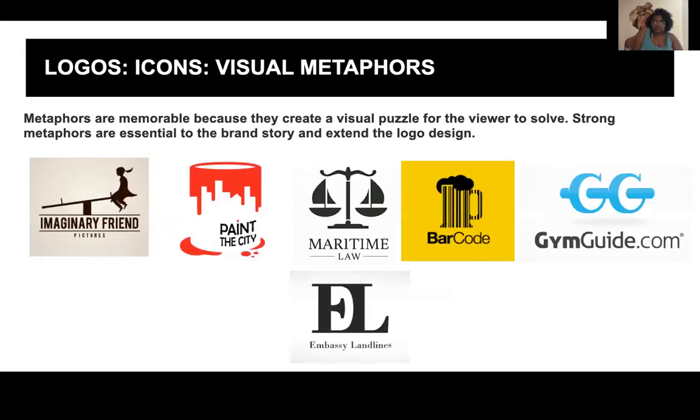All right, here's some logos that use different techniques that I think you can draw upon as you think of your ideas. So the first one, Imaginary Friend. What's happening in that logo? She is by herself, seesawing. Yeah, but somehow the seesaw is going up, but nobody's there.